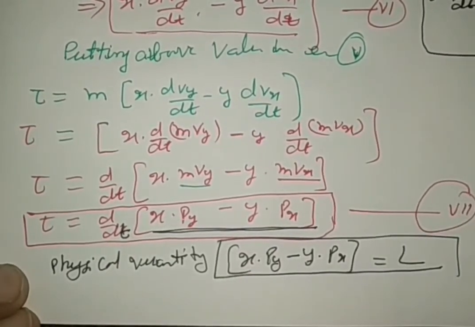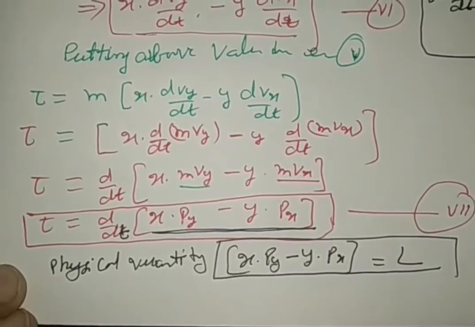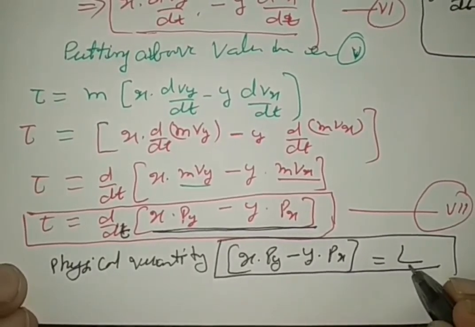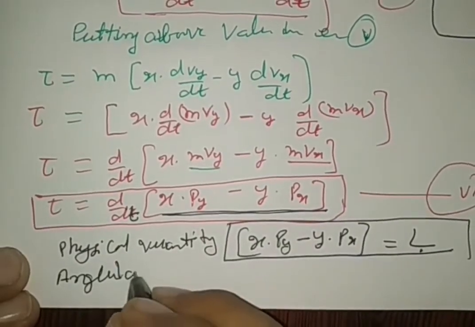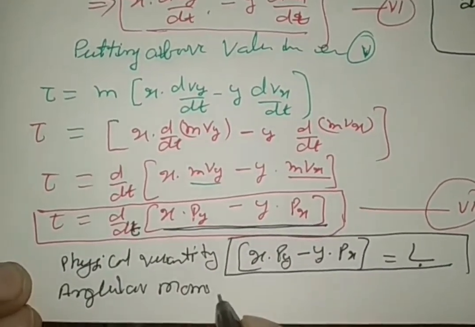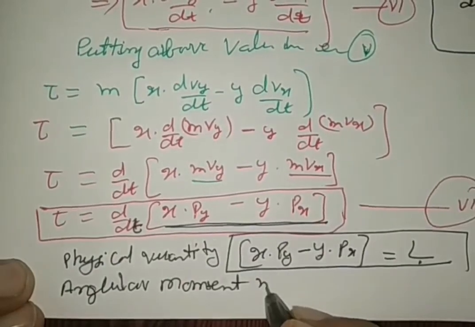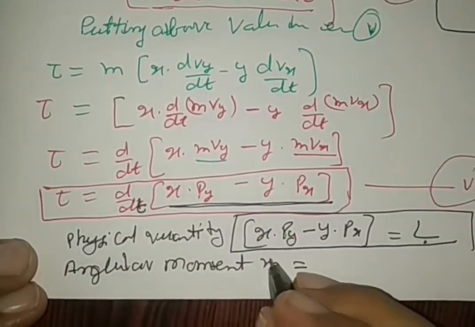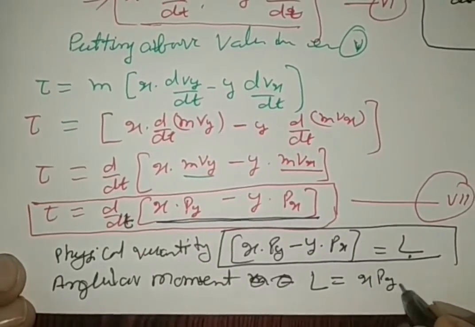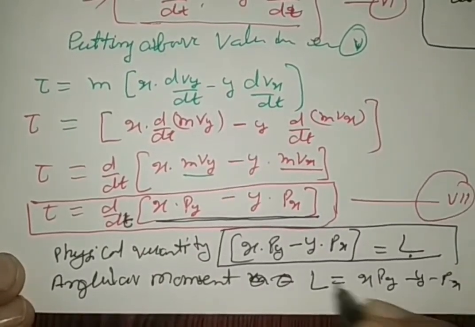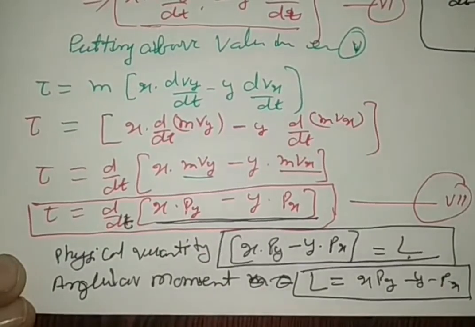This is called angular momentum L. So angular momentum L is equal to x py minus y px. Right?